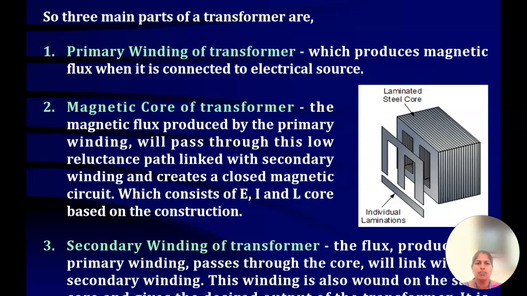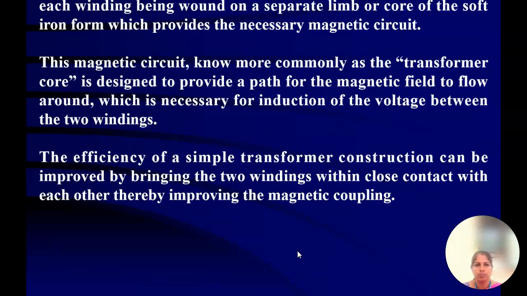So the magnetic flux produced by the primary winding will pass through this low reluctance path, link with the secondary winding, and create a closed magnetic circuit. And for the secondary winding, the flux produced by the primary winding passes through the core and links with the secondary winding. This winding is also wound on the same core and gives the desired output of the transformer.